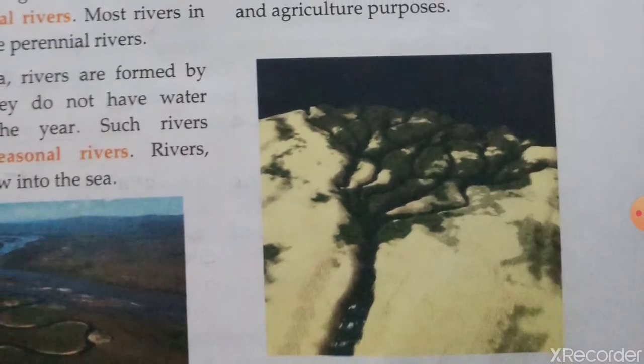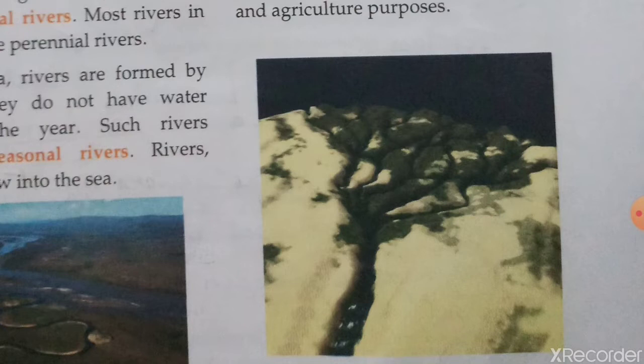Yes students, these distributaries spread out like a triangle before falling into the sea. This is called a delta. You can see this picture. This is called a delta.